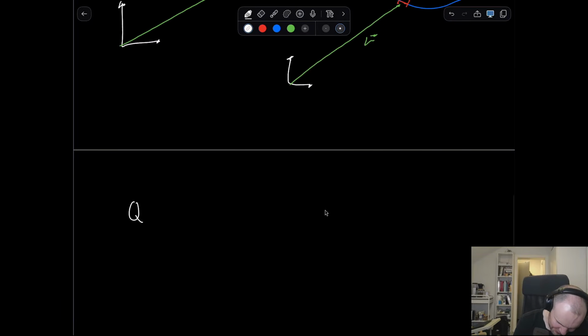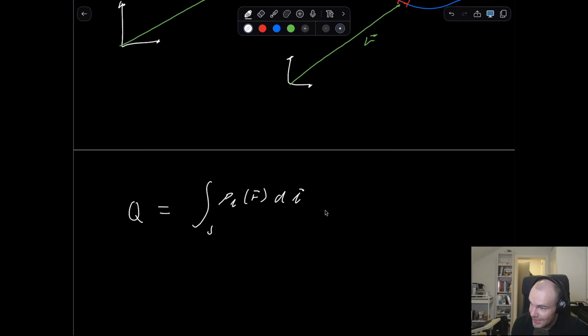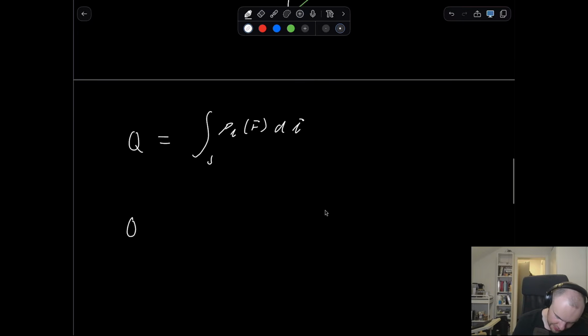Of course, then I can write Q in terms of the line as the integral of rho L dl, where rho L should be a function of r. Sometimes for a surface charge, rho S is written as sigma. I said rho L there, I meant rho S. And rho L is sometimes written as lambda in some textbooks.